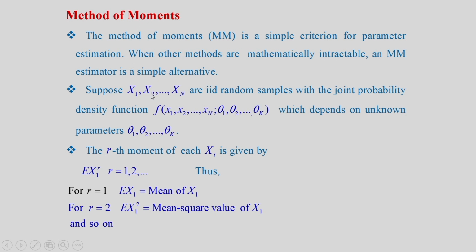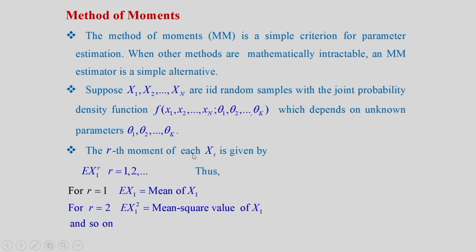Suppose x1, x2 up to xn are IID random samples with the joint probability density function f(x1, x2, up to xn) as a function of theta 1, theta 2 up to theta k. This density function depends on unknown parameters theta 1, theta 2 up to theta k.